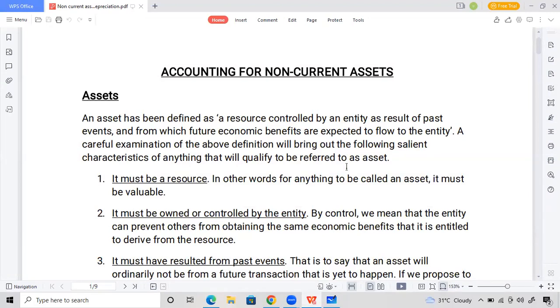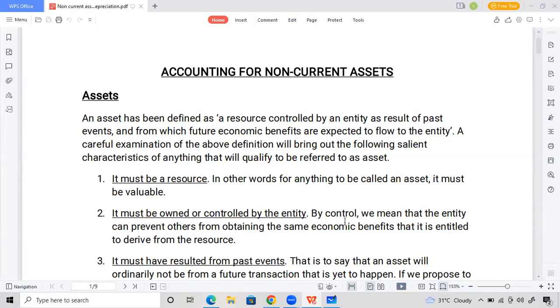It can be defined as a resource controlled by an entity as a result of past events, and from which future economic benefits are expected to flow into the entity.